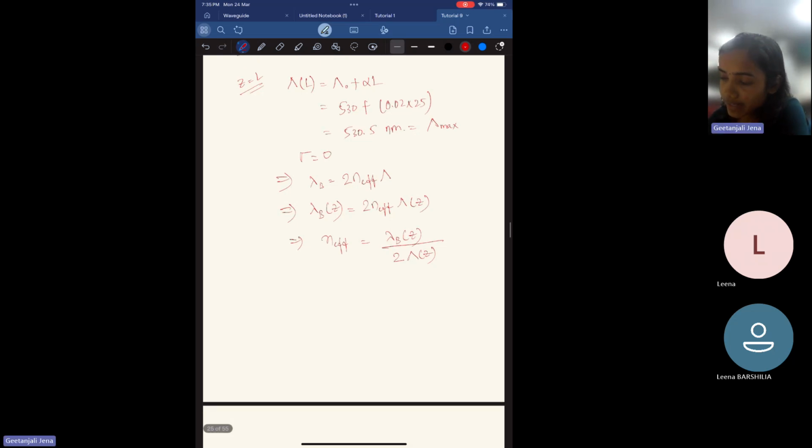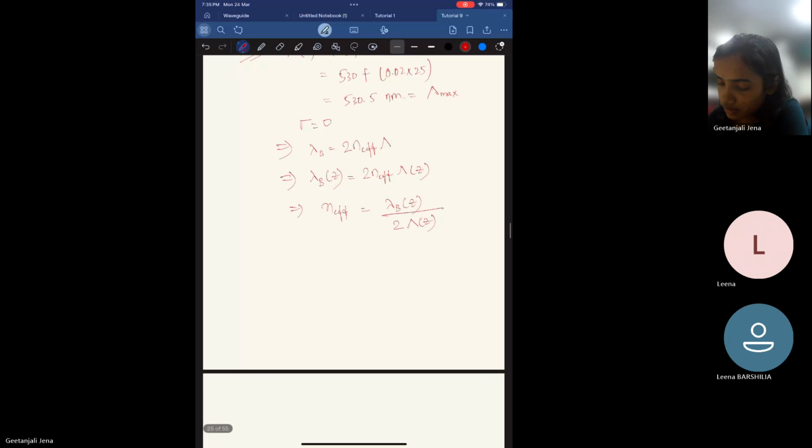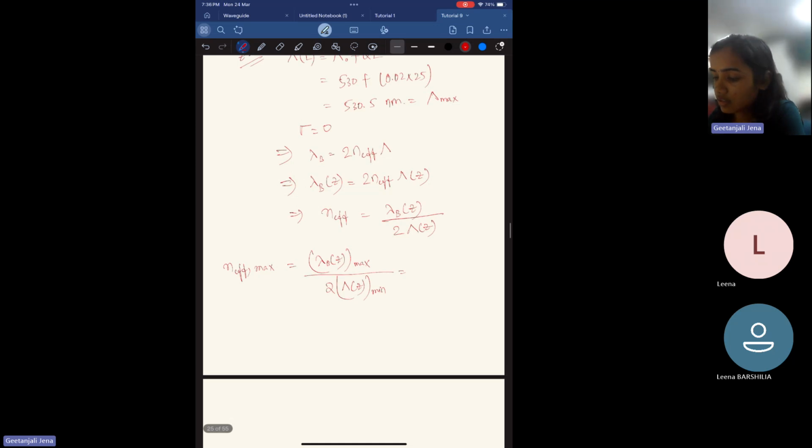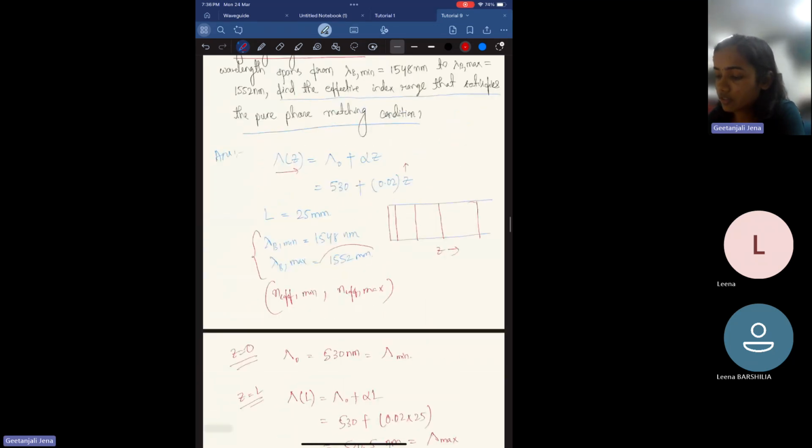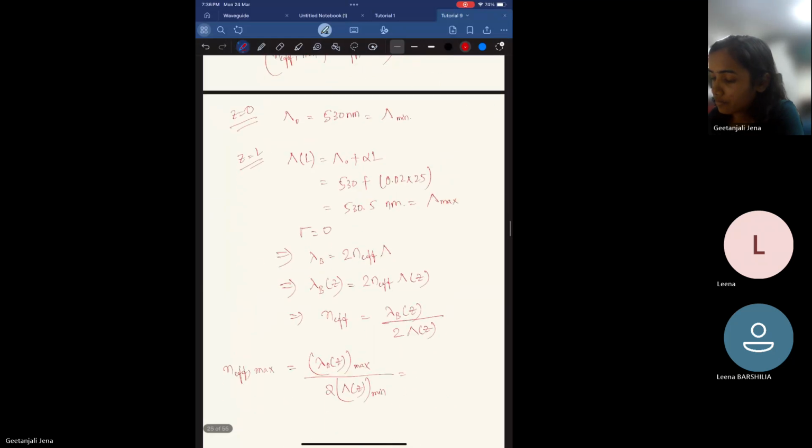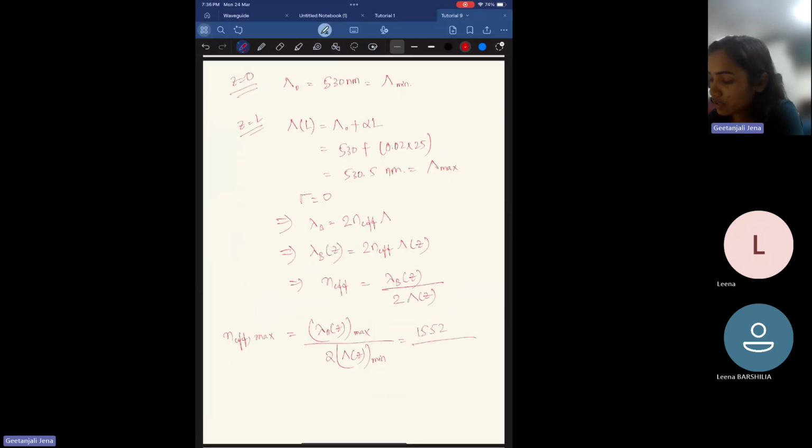To find the maximum value of n effective, lambda b(z) should be maximum and the grating period should have a minimum value. The maximum Bragg wavelength given to us is 1552 nanometer, and the minimum value of the grating period is 530 nanometer.